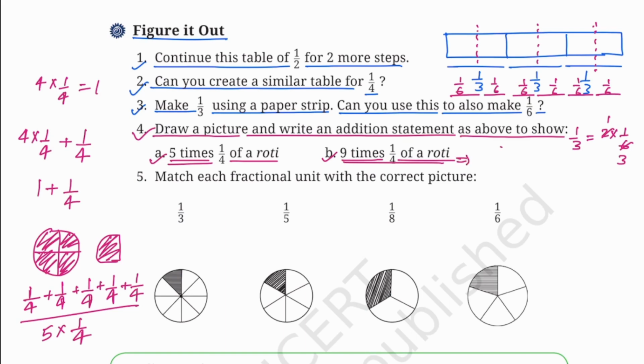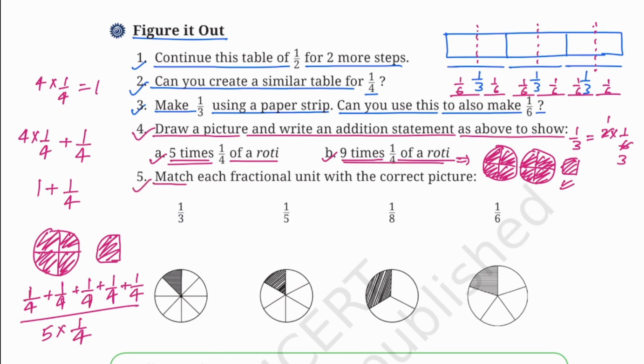You will get 2 circles or 2 rotis and a quarter roti. You can see 8 times 1 upon 4 and the ninth one here. 9 times 1 upon 4 of a roti.